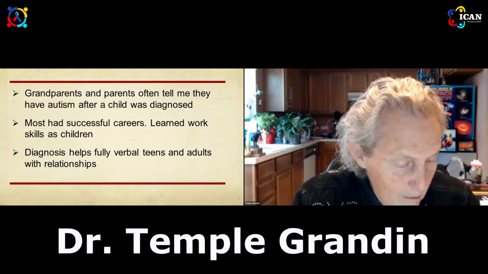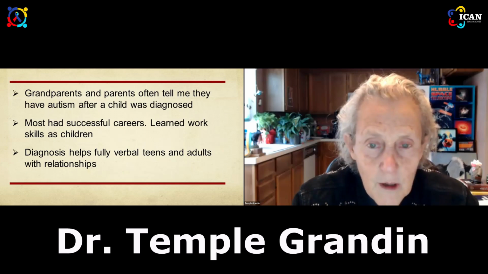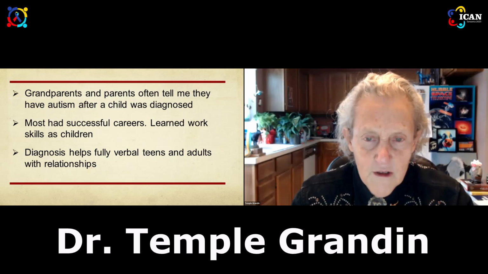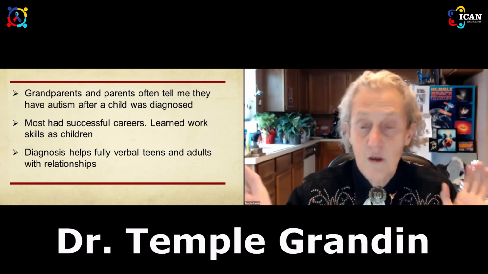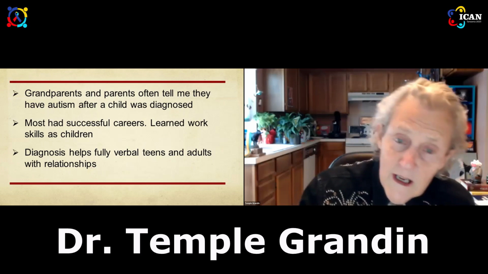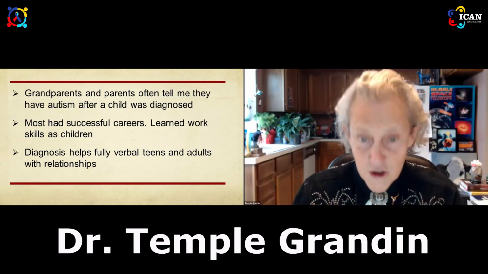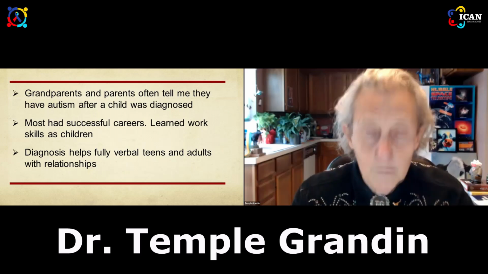Now, I have grandparents. On the next slide, grandparents come up to me all the time, and they discover they're autistic when the kids get diagnosed, and they would be the milder type, probably with no speech delay. And where that diagnosis really helped that adult is it helped them with their relationships. That's where it really, really helped them.